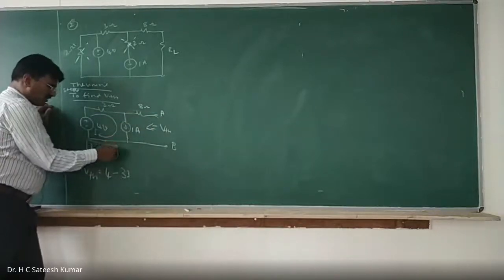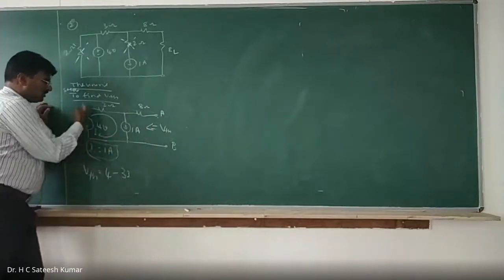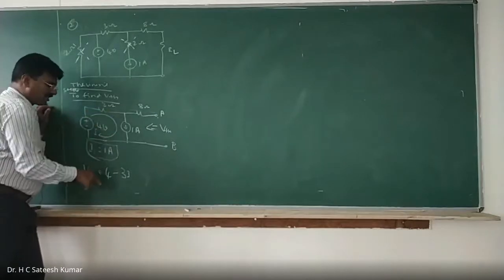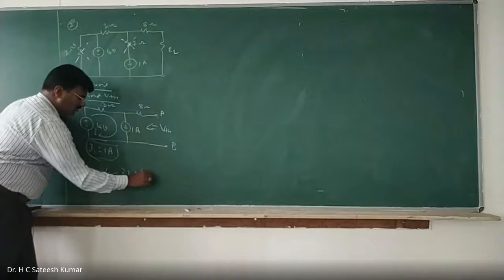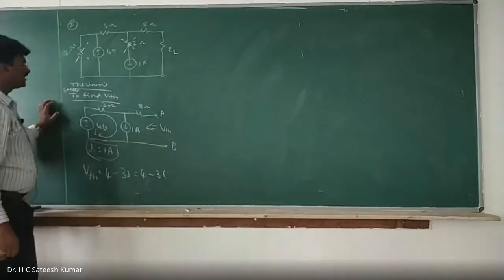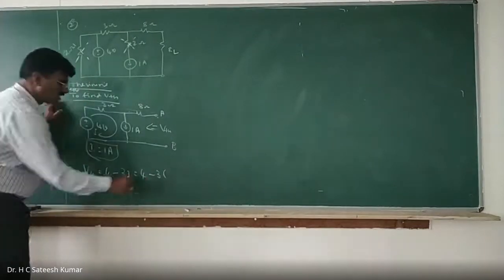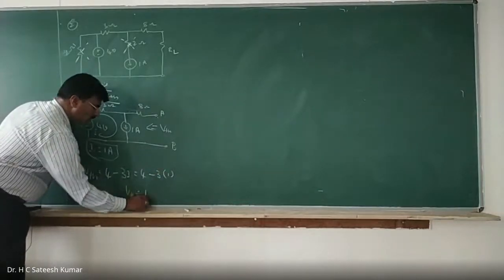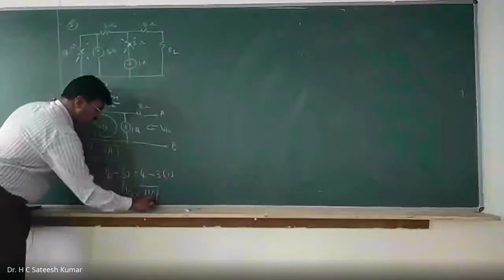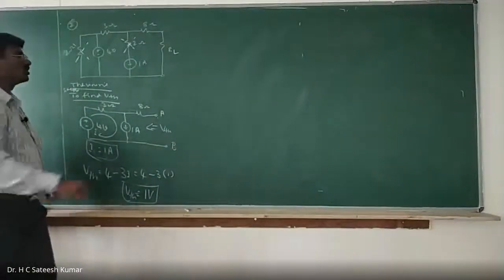Therefore, what do we have? 4 minus to plus is 4, minus 3 into I, that is your VTH, which is equal to 4 minus 3 into I. I is how much? I we got as 1. Therefore, VTH is equal to 1 volt.